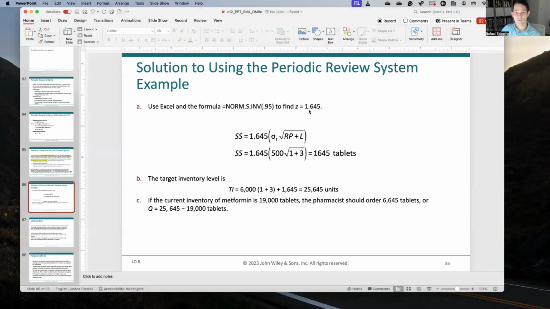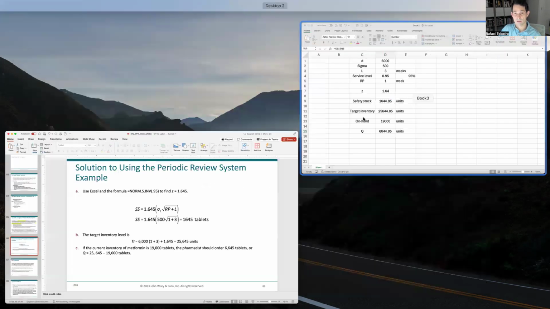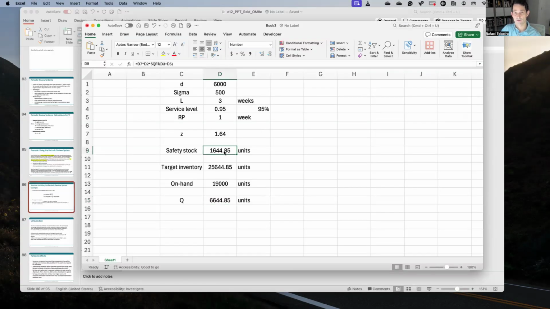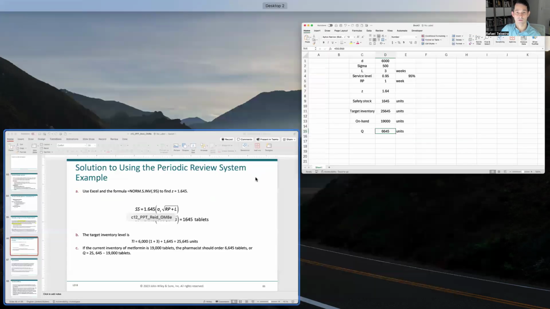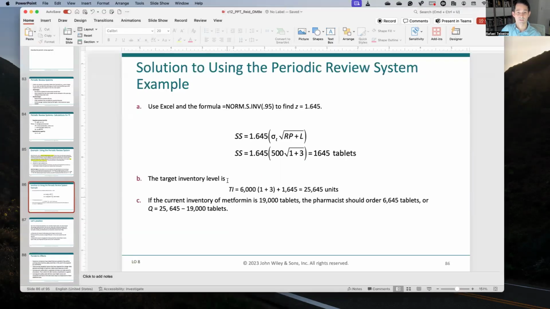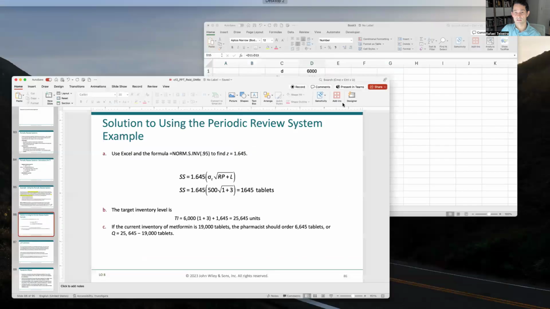So let's take a look. The safety stock is 1,644.8, so we can round to 1,645 tablets. Let's round everything because, of course, we cannot buy a fraction of the product. We have to buy a full unit. Target inventory level is 25,645.